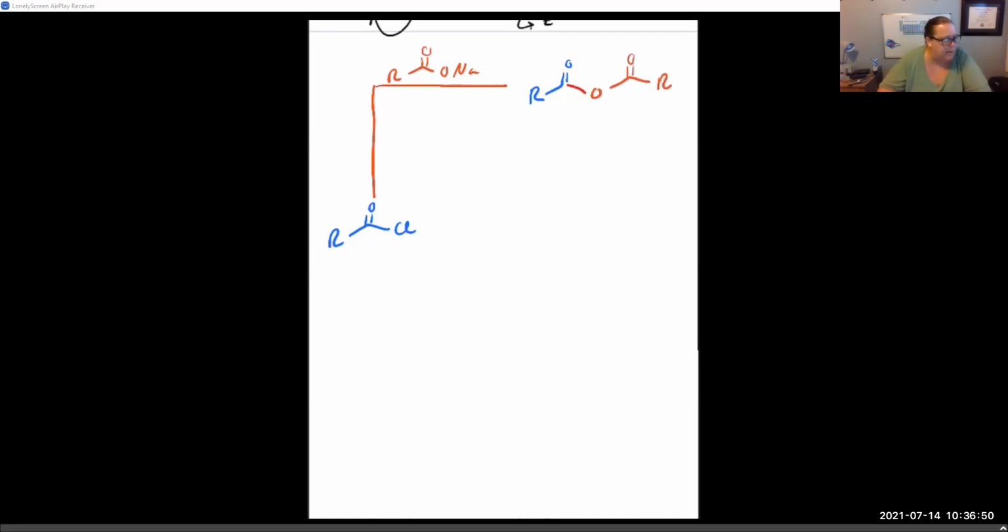So reaction number one. Reaction number two. Oops, there should be an arrow there. Is with water, good old fashioned H2O. And this typically uses a base referred to as pyridine or TEA.